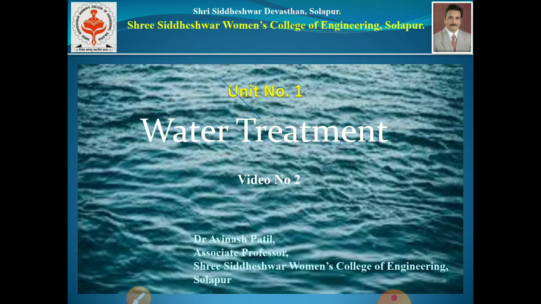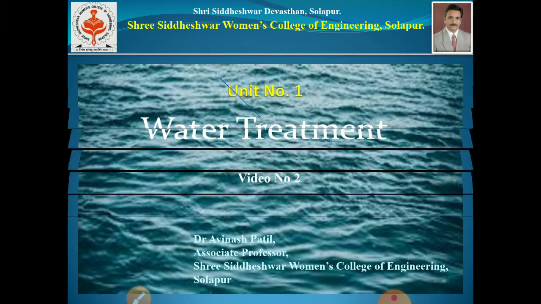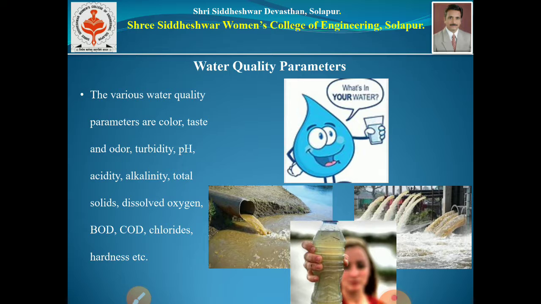The rest of all water is trapped in sea water, ice or underground water. Therefore, if such impurities get added, the quality of water is affected a lot. So we must know what is the quality of the water which we are using.